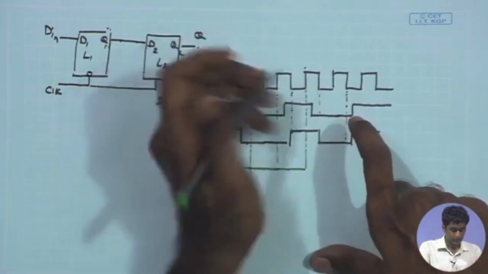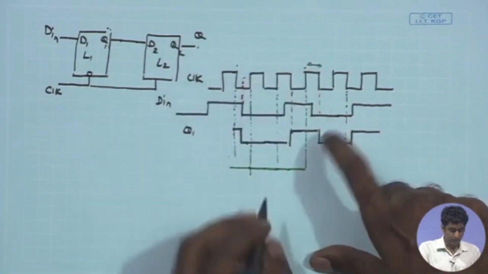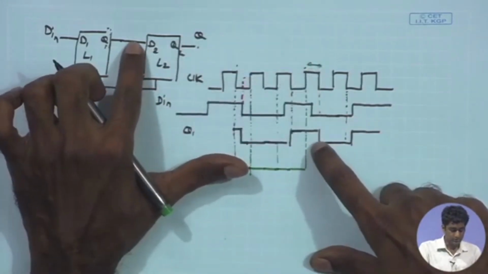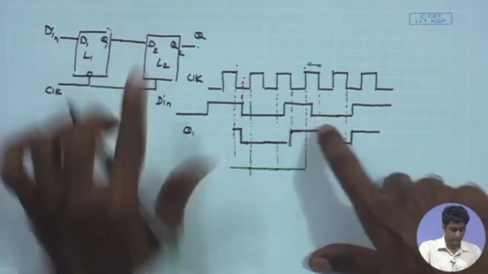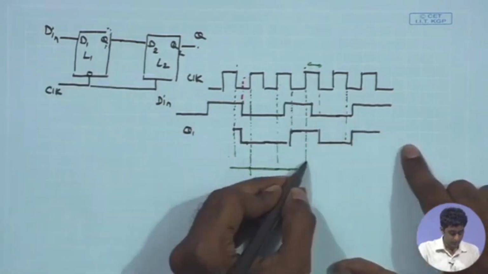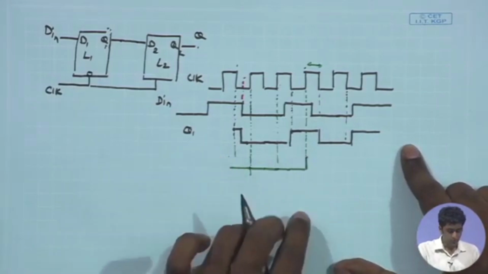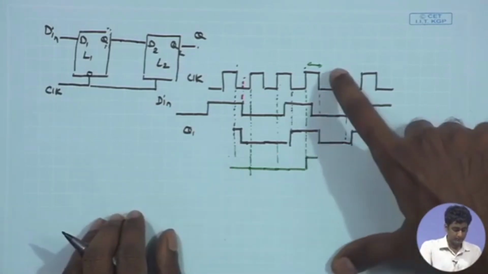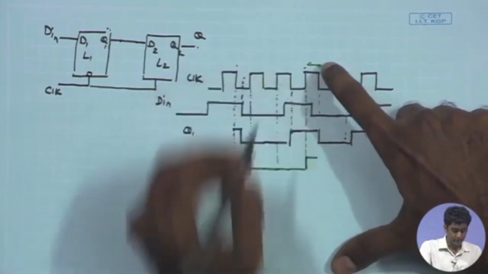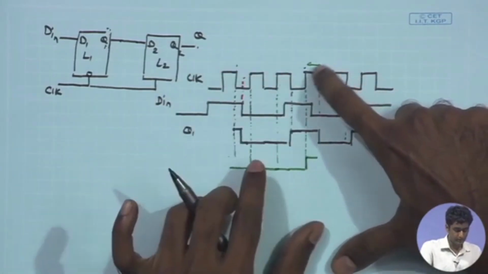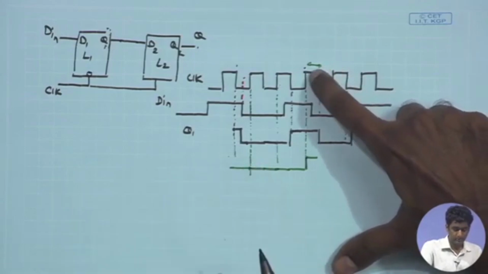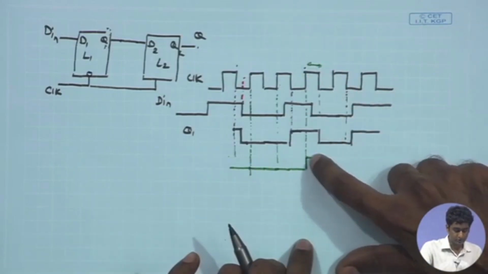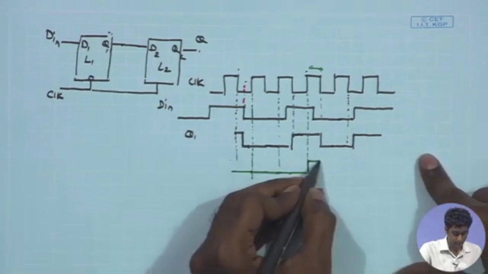Therefore, during this positive phase of the clock, the input to the D2 is high, as a result of which the Q2 will make a 0 to 1 transition at this point. And once again during this entire positive phase of the clock, it will remain constant, it will retain its state.